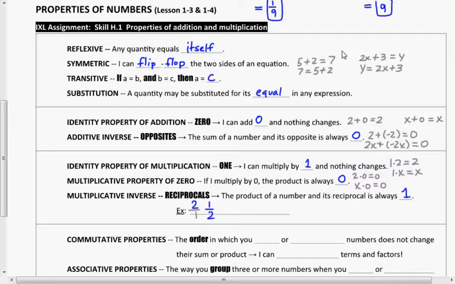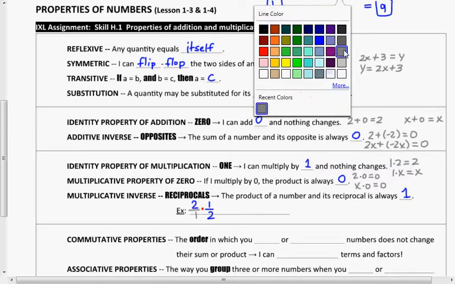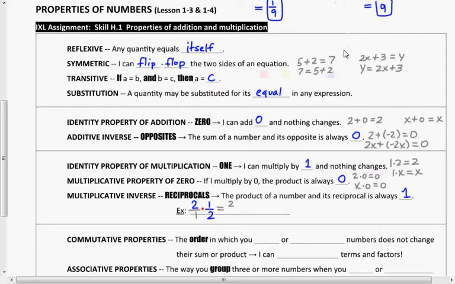And if you multiply 2 over 1 by 1 over 2, what you get is 2 times 1 is 2, and then 1 times 2 is 2, and so this is going to equal 1. It's always true. If you take 2/3 and you multiply it by its reciprocal, 3/2, that's going to equal 6 over 6, which is 1. So anytime you multiply a number by its reciprocal, the product is 1.